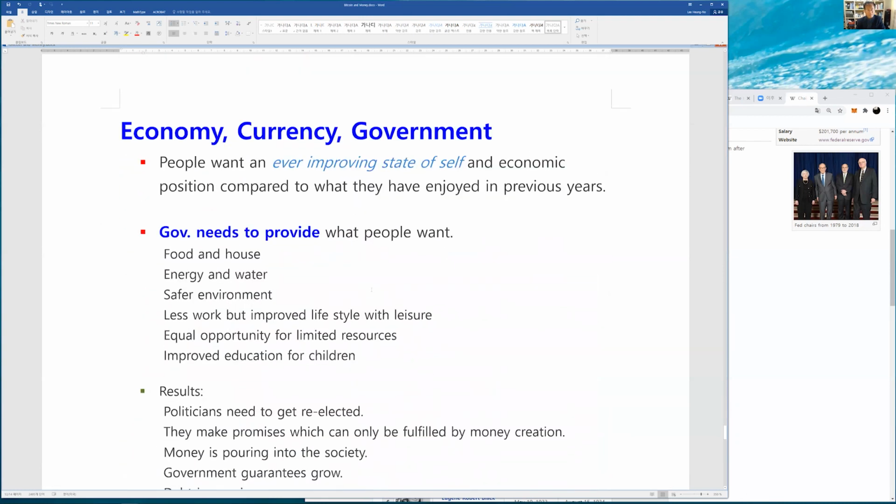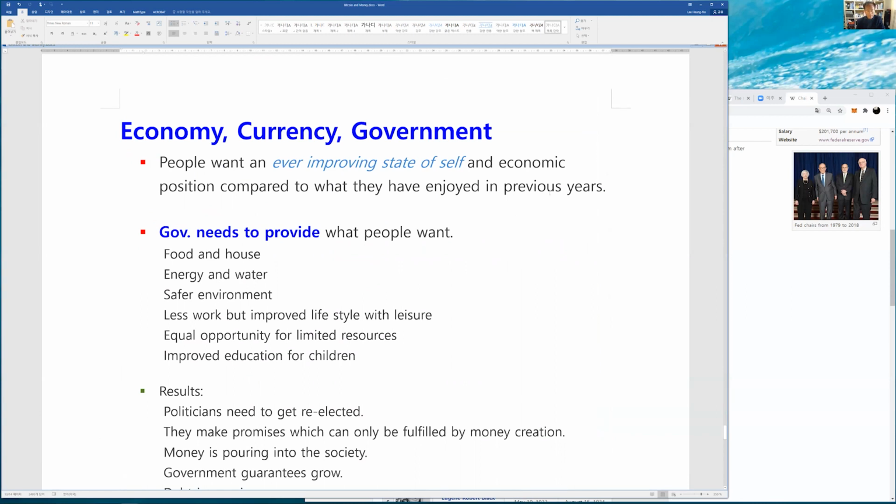Now I want to summarize what I have started with: economy, currency, and government. People want an ever-improving state of self, and their economic condition, compared to what they have enjoyed in previous years, has to improve each year.